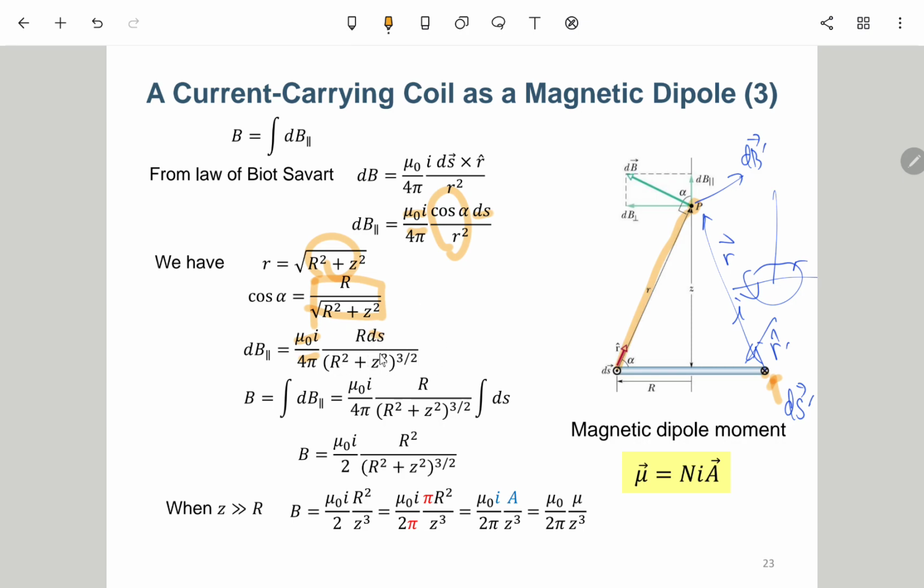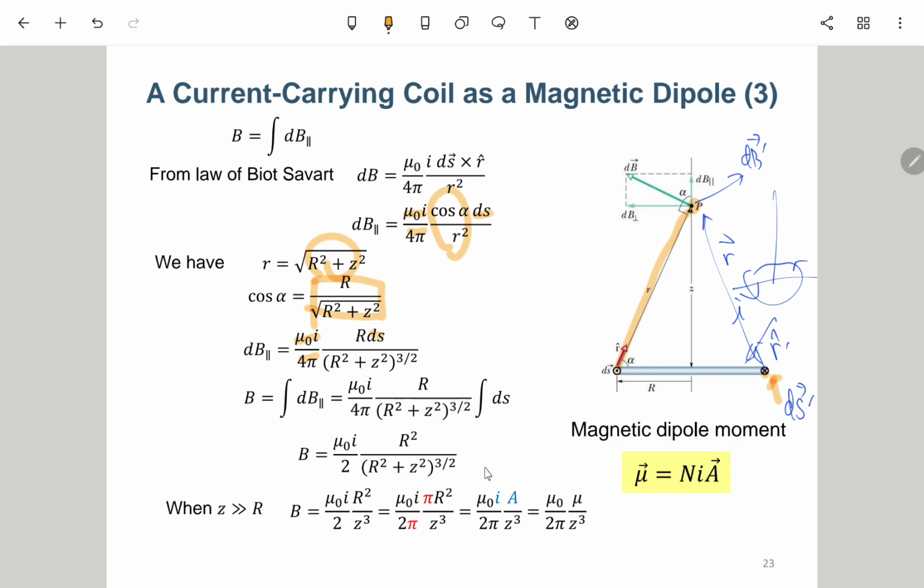Okay, and then finally we can finish this integral. Actually, all these variables are independent of ds. So finally, all this stuff goes outside, and we just integrate ds, which is a circle.